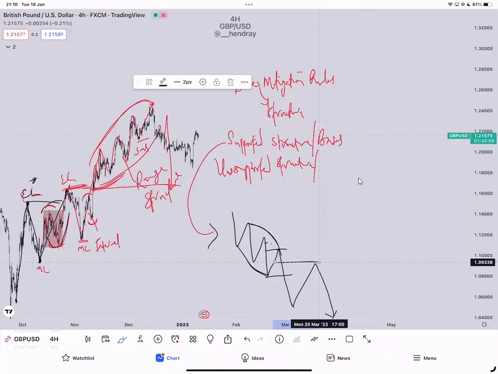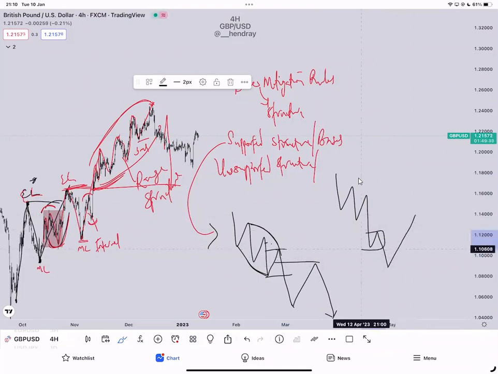Now, however, for the case of unsupported base. So let's say, for example, we have number one, let's say we have a supported base, then one unsupported base. The rule says that price will use the unsupported base, which is this one here, or unsupported structure, which is this one.